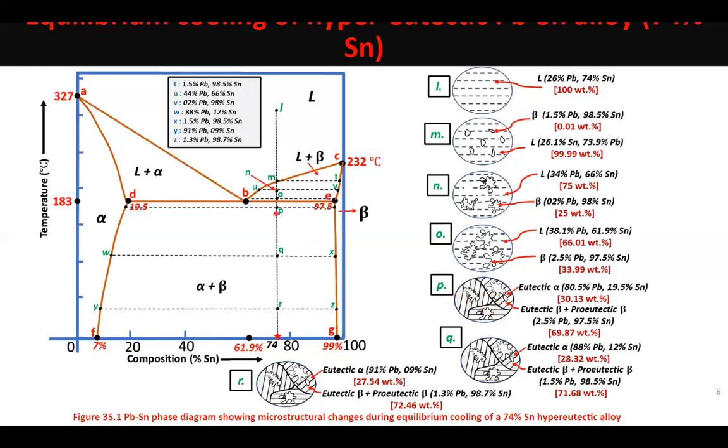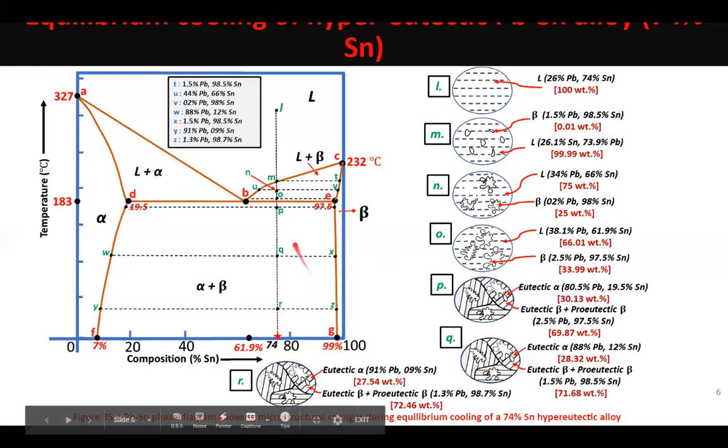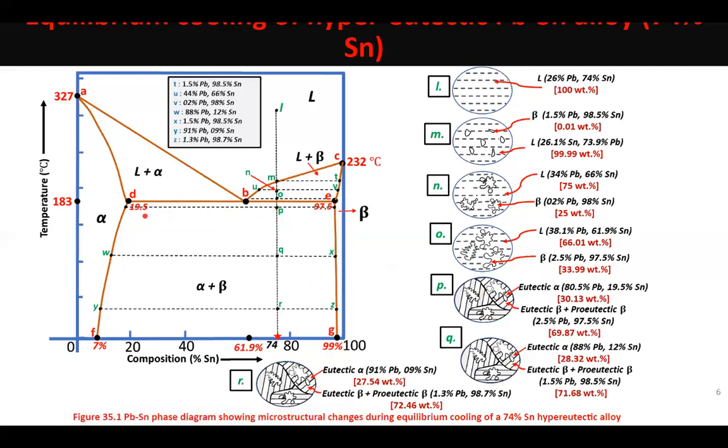Right now, what are the changes that are going to happen as the temperature drops beyond point P? You see now the role of these solvus lines comes into picture. At the eutectic temperature, whensoever this alpha and beta gets formed, please remember this alpha and beta that have got formed are of the maximum solid solubility of the solute in them.